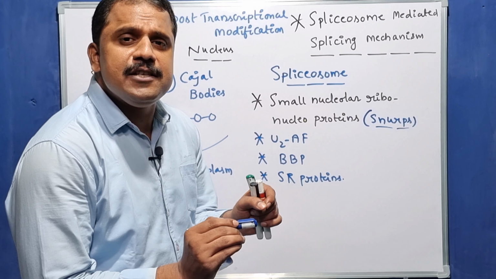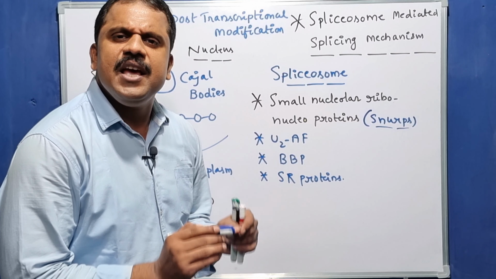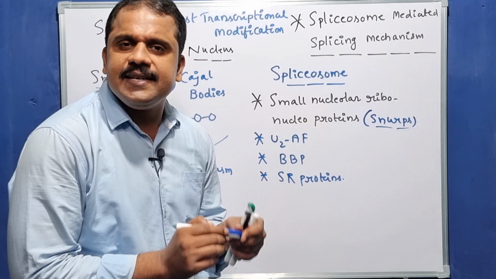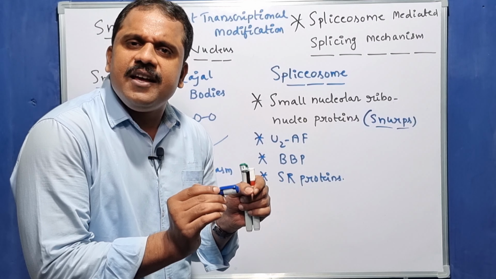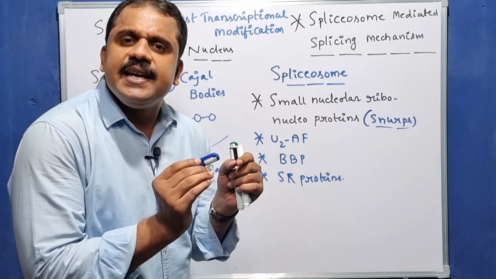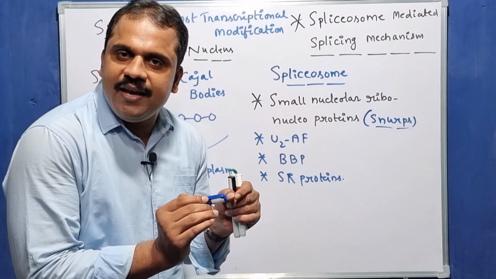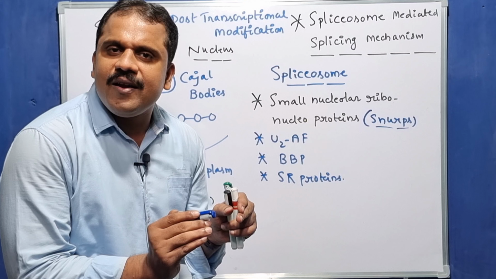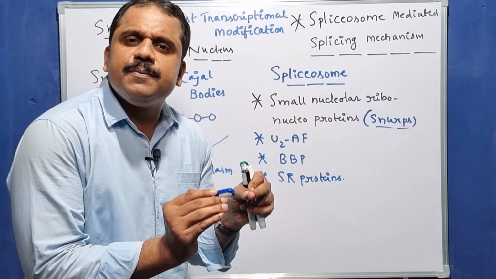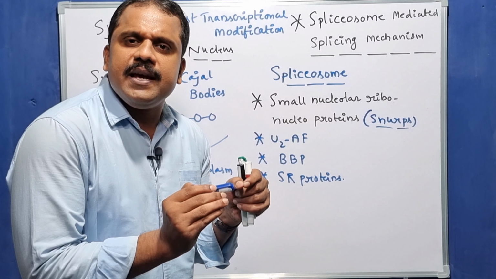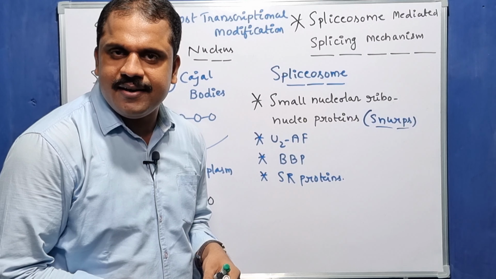Once they undergo base pairing with the primary transcript, by taking advantage of certain accessory factors like U2AF, branch binding protein and SR proteins, they are capable of organizing the spliceosome mediated splicing mechanism so accurately. Is it clear?